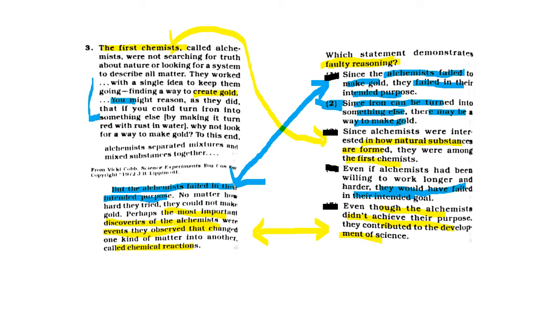It says you might reason. It doesn't say you can. It says you might. And you would be wrong to think that. Rust is made by joining together the oxygen in the water and the iron to make iron oxide. Gold cannot be made because it is only made from gold. You don't need to join anything together.